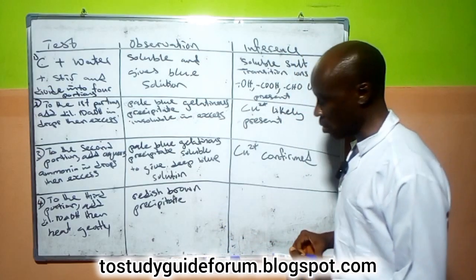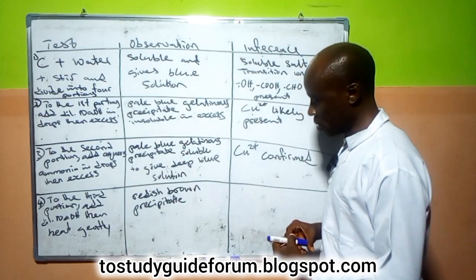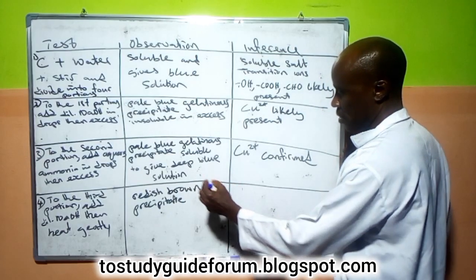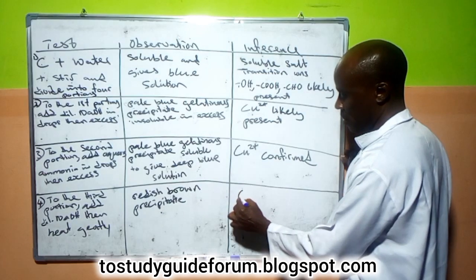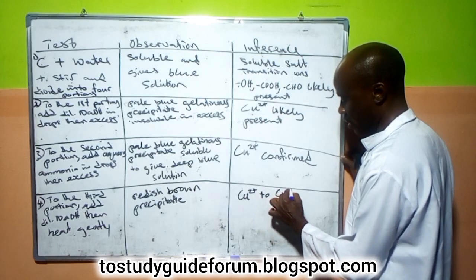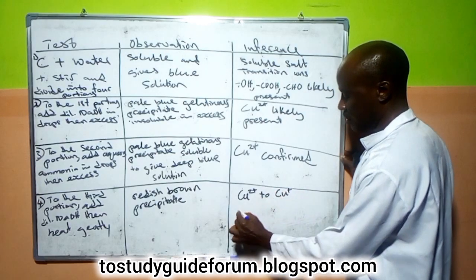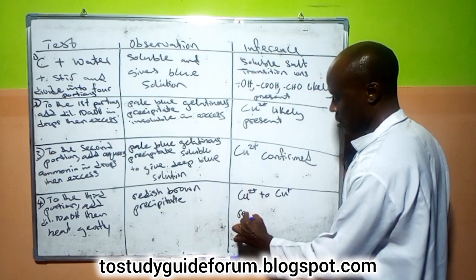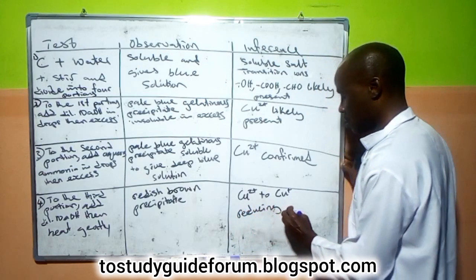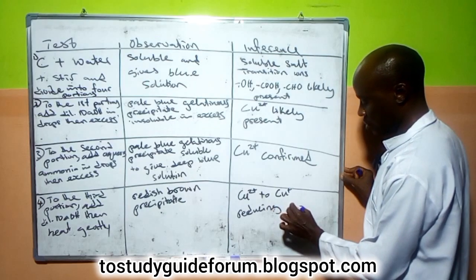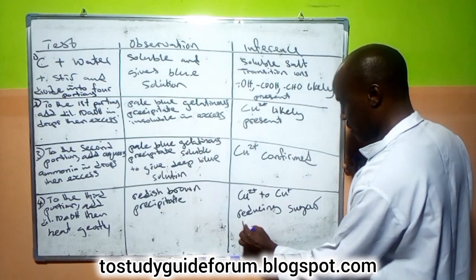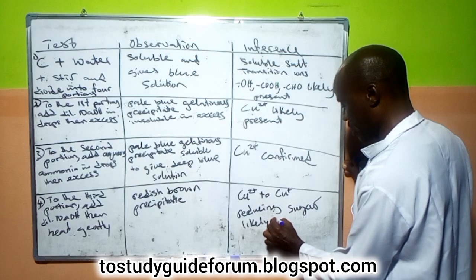Copper 2 is now reduced to copper 1 oxide. So what it simply means is that reddish brown precipitate means copper 2 to copper 1, meaning that reducing sugar is likely present.